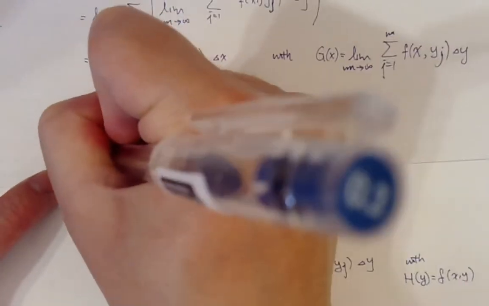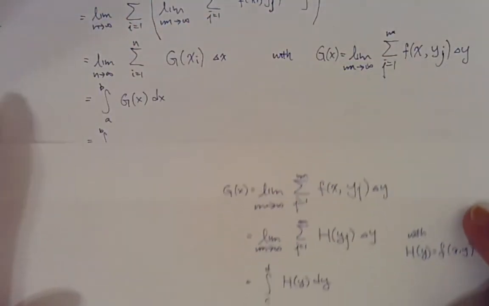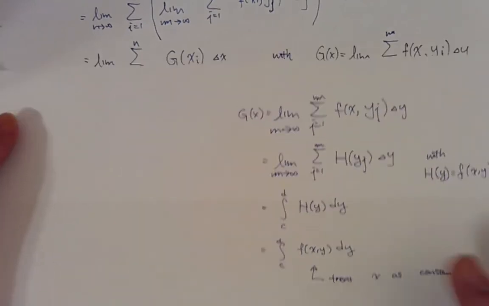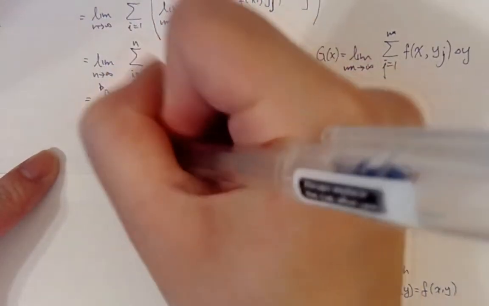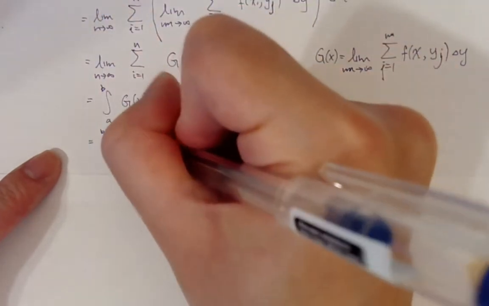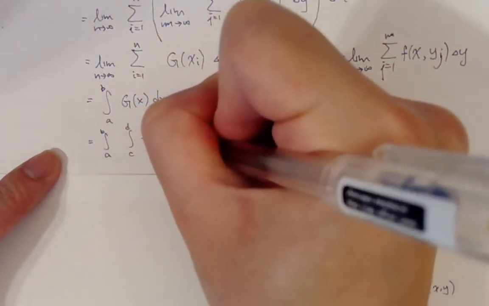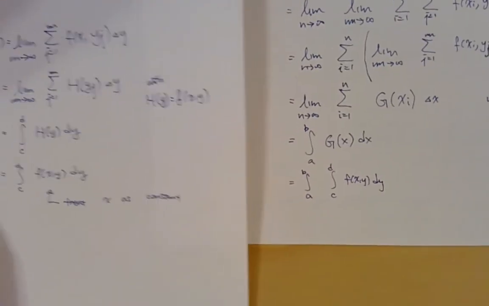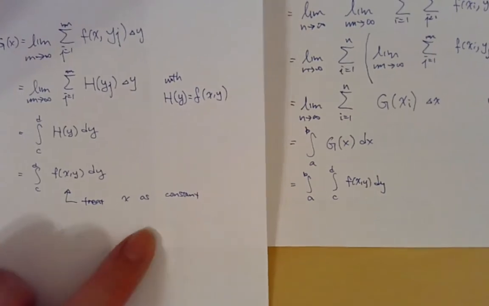So let's continue here. This is equal to the integral from a to b of g of x. And we figured out g of x is the integral from c to d of f of x comma y dy. That's what we figured out over here.